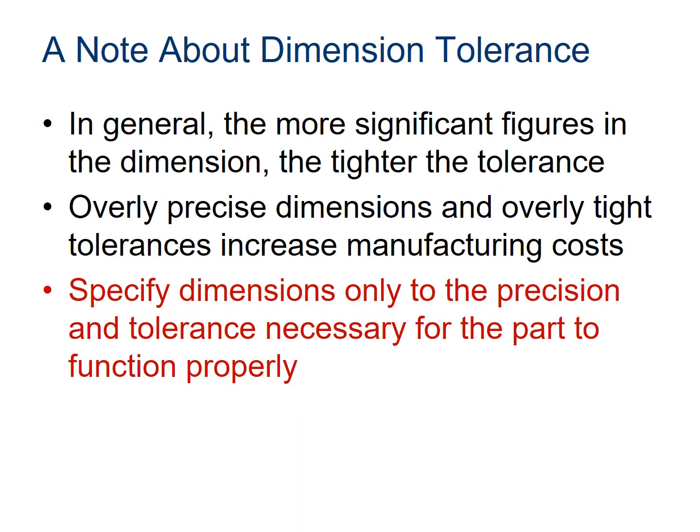So let's talk about dimension tolerances, and we're nearing the end here. In general, the more significant figures in the dimension, the tighter the tolerance. We see a lot of significant figures being used in aerospace, aircraft manufacturing, or on the defense side, missile manufacturing, or making high-end drones, or Navy ships, or things like that.